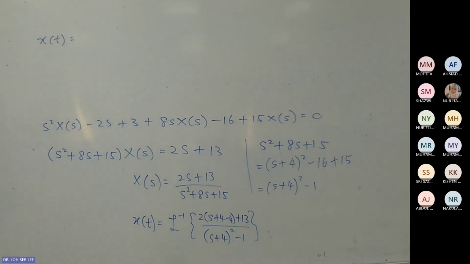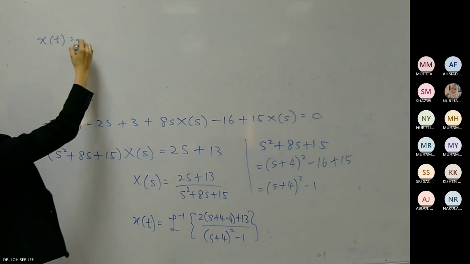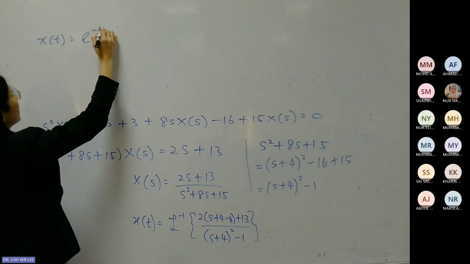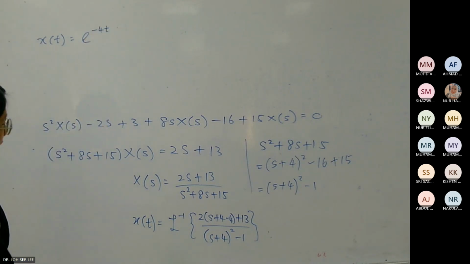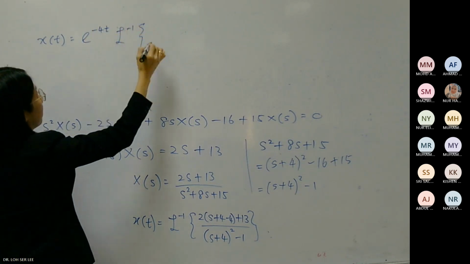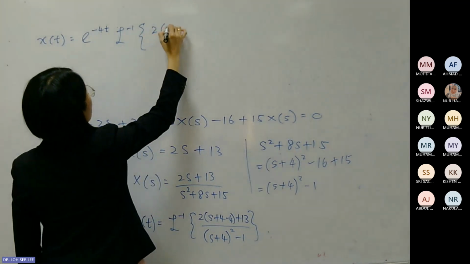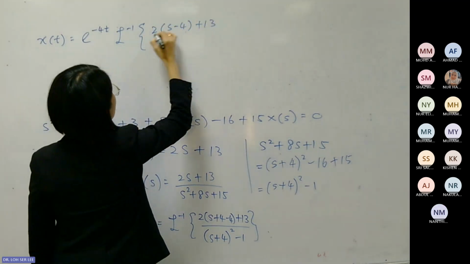Okay, now we can take out the plus 4. Take out the plus 4 to form the function, negative or positive. So 2s minus 4 plus 13.